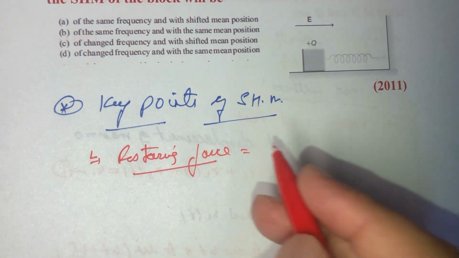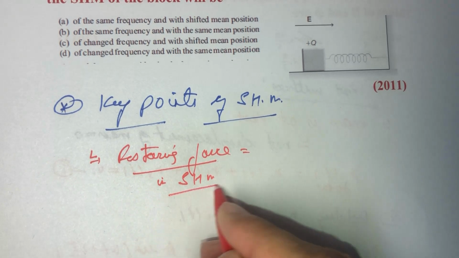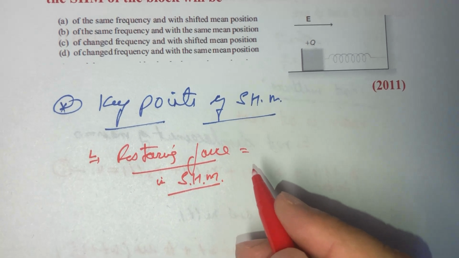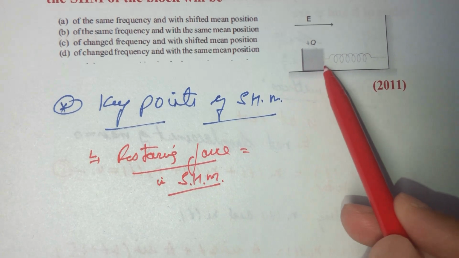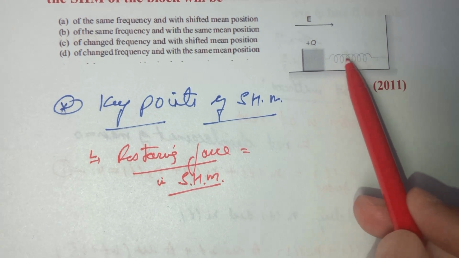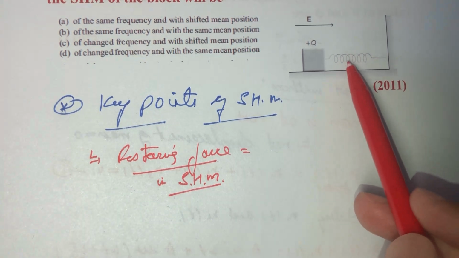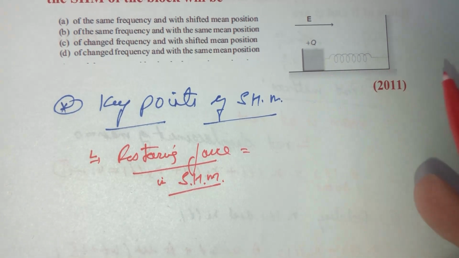From the figure we can see the block is connected to the spring, and so the restoring force will be activated with the help of this spring, and it will be proportional to the amount of displacement this block makes from its mean position.